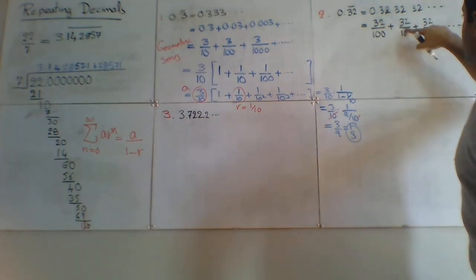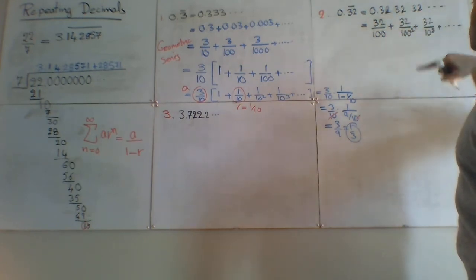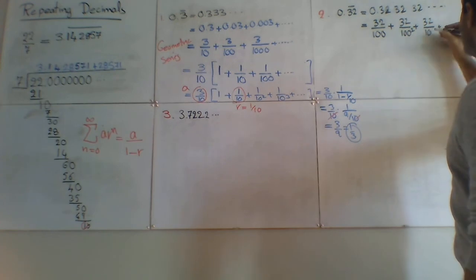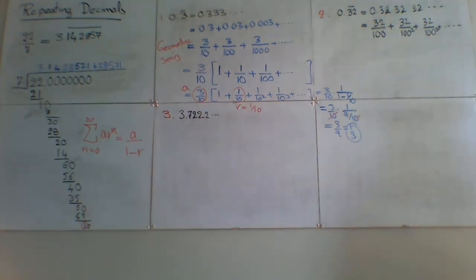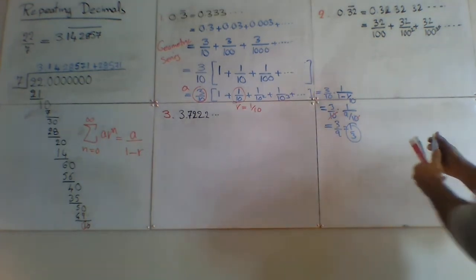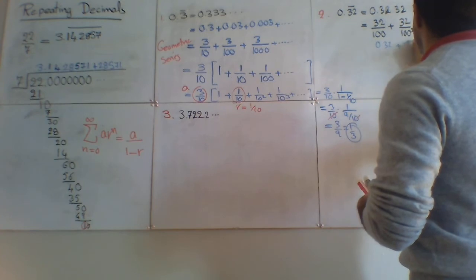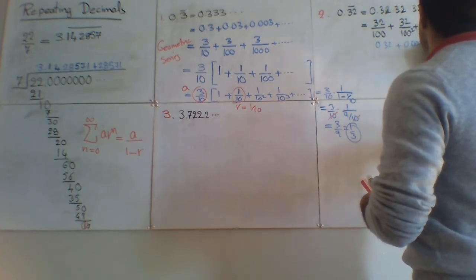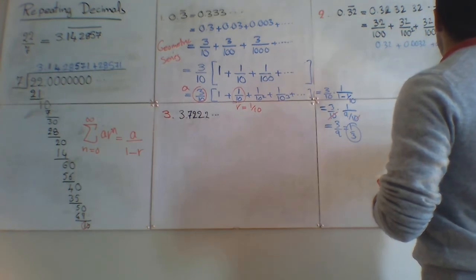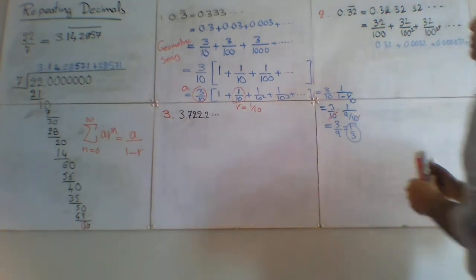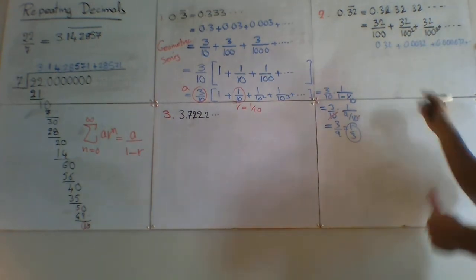This is not 10 squared, sorry, this is 100 squared, because you have here 4 decimal places, and this is 100 cubed, 6 decimal places, etc. So here I'm decomposing this as 0.32 plus 0.0032 plus 0.000032, etc. Okay.